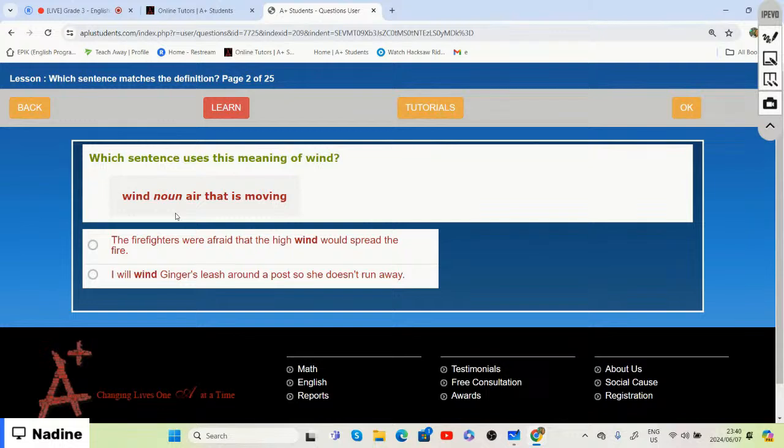All right, so wind is a noun that is moving air. So now we're going to say which sentence uses the word wind.